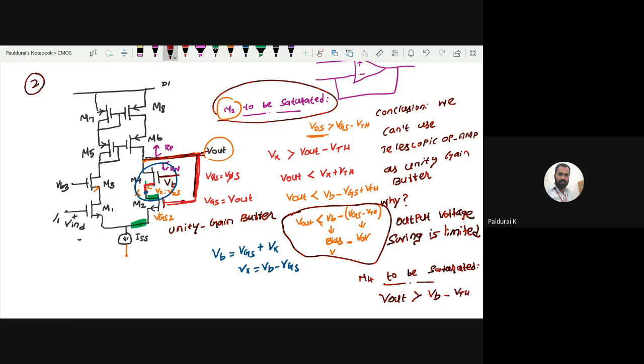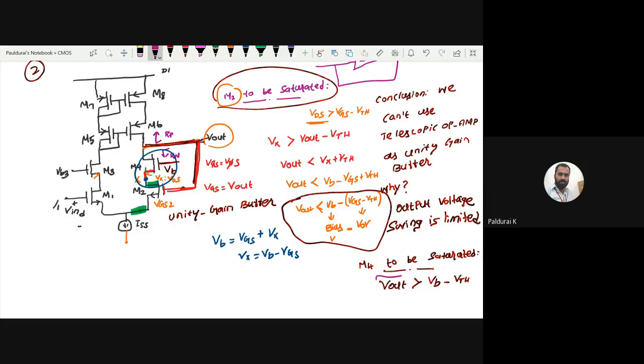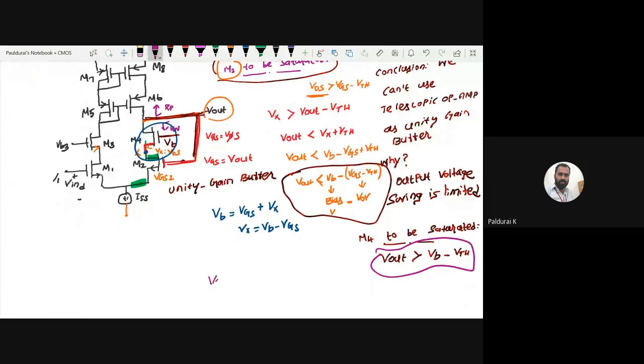So this is the condition for M4 to be saturated. So what is the condition for V out? In general, by using this condition, V out is less than VB minus VGS minus VTH, and it is greater than VB minus VTH.